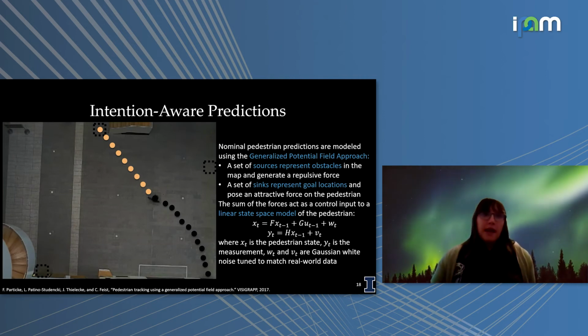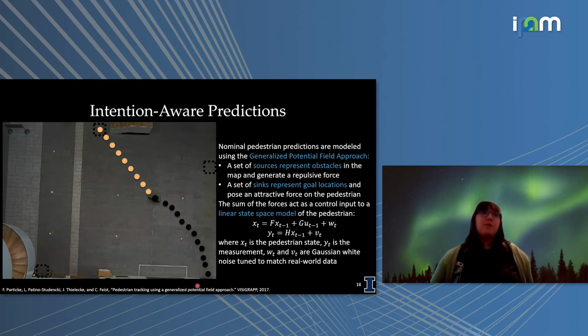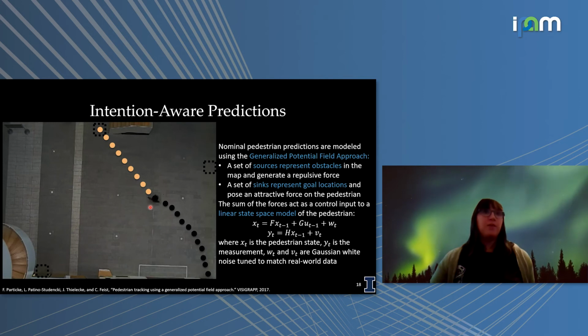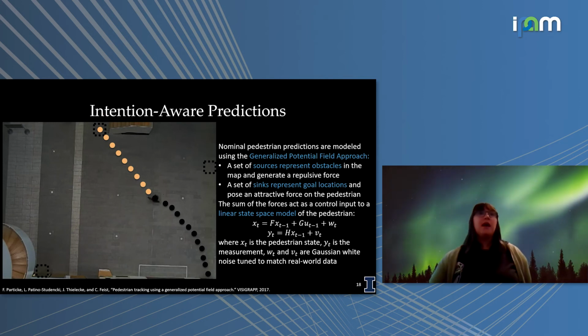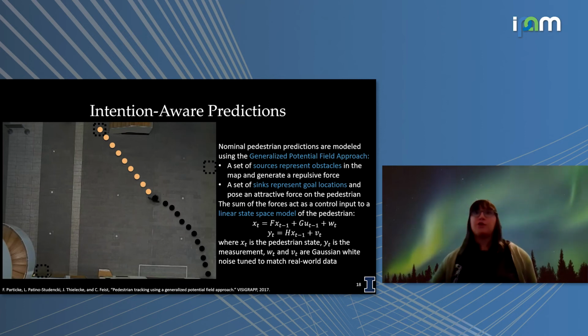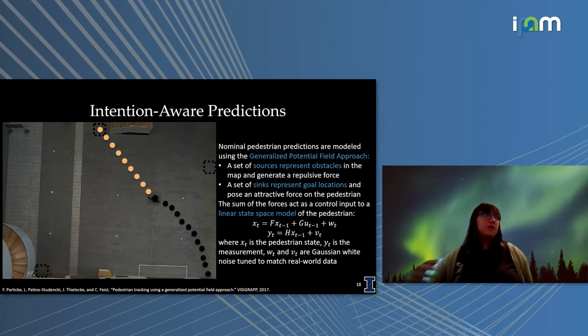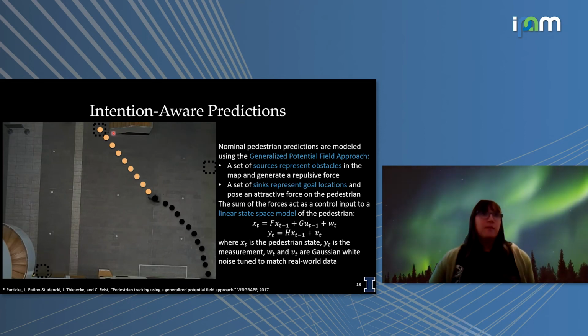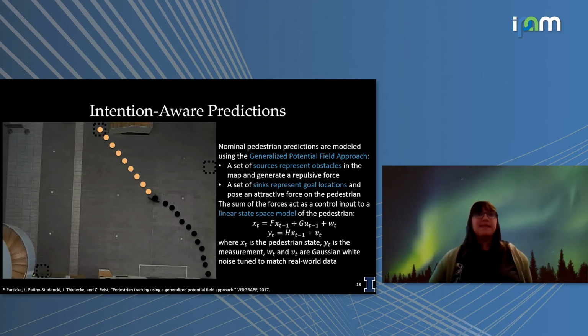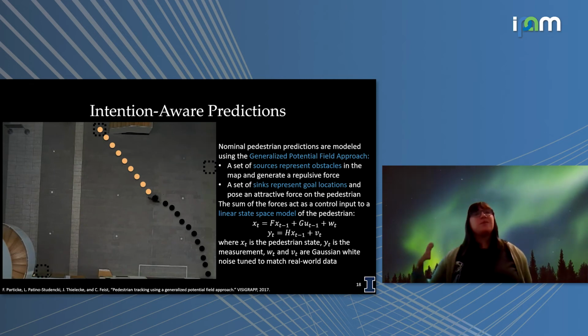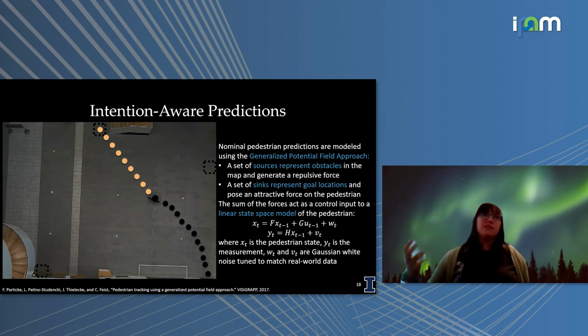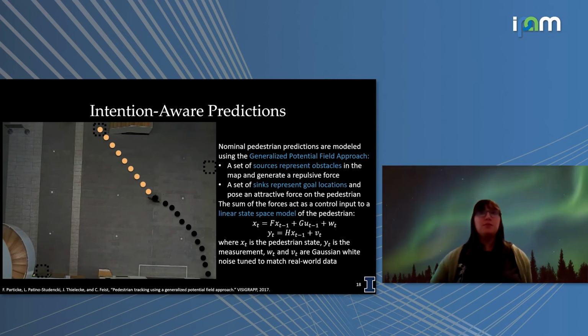Okay, but as we can see in this example, if we look at this prediction and we see this nice straight line, we can probably guess that this isn't exactly how a human would actually move. While this is effectively capturing our goal, and is nice to think about and model, it's not really capturing some of the nuanced behaviors or how people typically move.